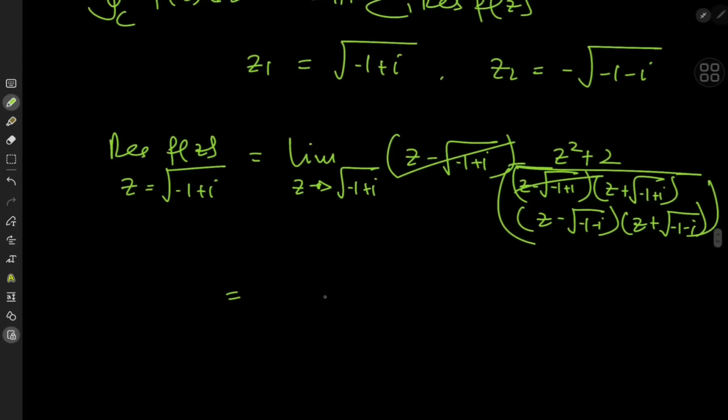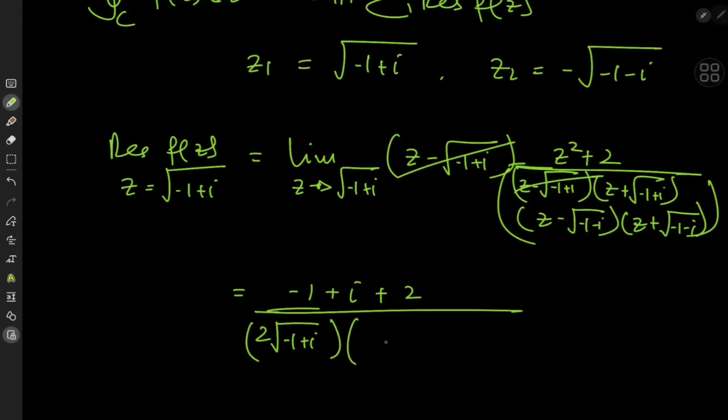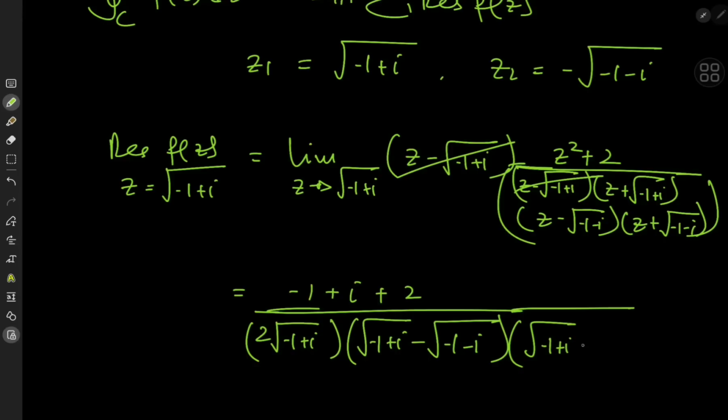So we have z squared up there, which means we have negative 1 plus i plus 2, and in the denominator, replacing z by root negative 1 plus i, we have the same thing added to itself, so that's twice the term, times root negative 1 plus i minus root negative 1 minus i times root negative 1 plus i plus root negative 1 minus i.